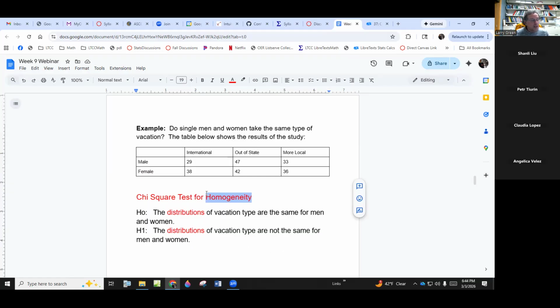I don't see you jumping in. Homogeneity, like homogenized milk, because it's kind of mixed in together. It means everything is all together and they're the same. So that's why they call it a chi-squared test for homogeneity.